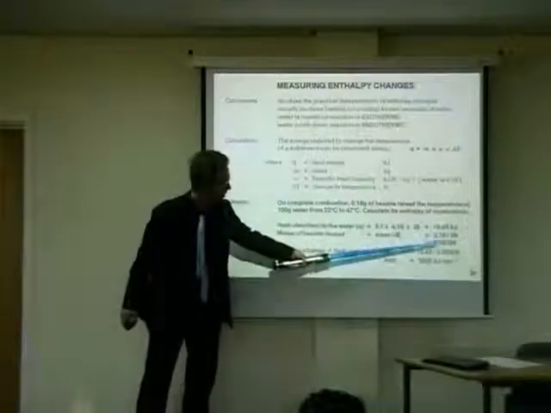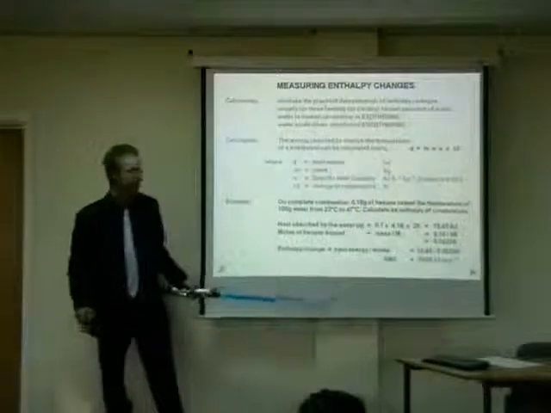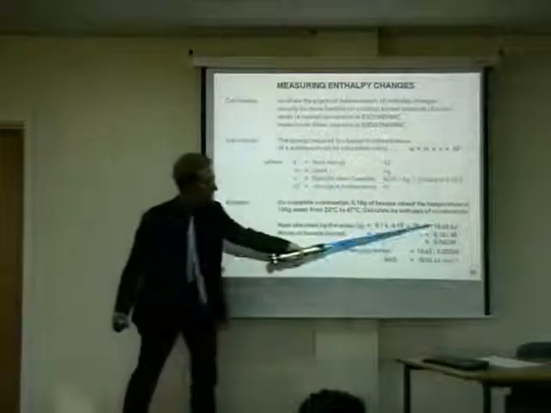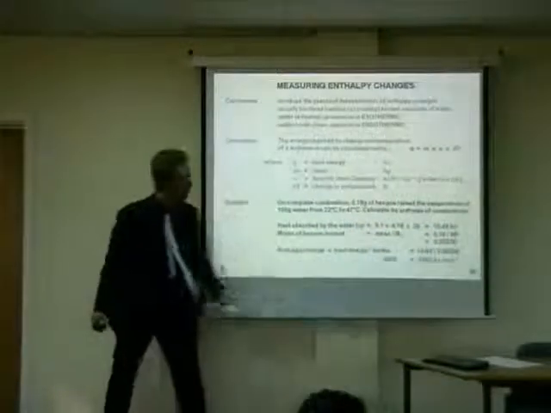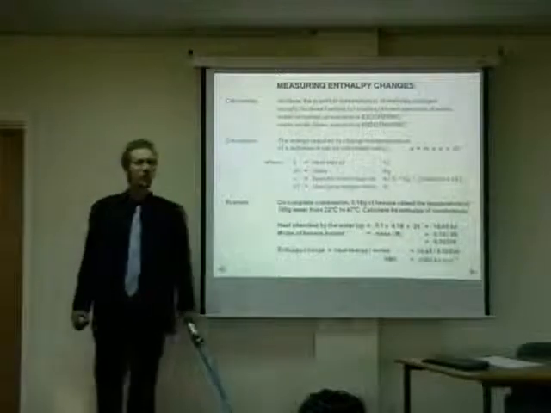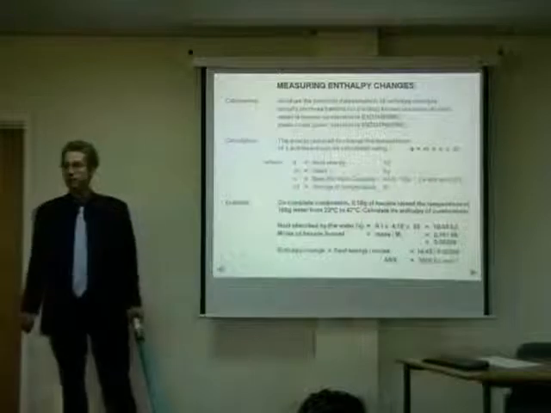The moles of hexane was 0.00209. Therefore, the enthalpy change per mole is the number of kilojoules divided by the number of moles, which is 5,000 kilojoules per mole. Okay? Which is why it's a good fuel.